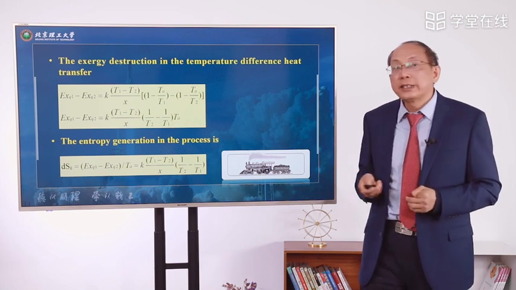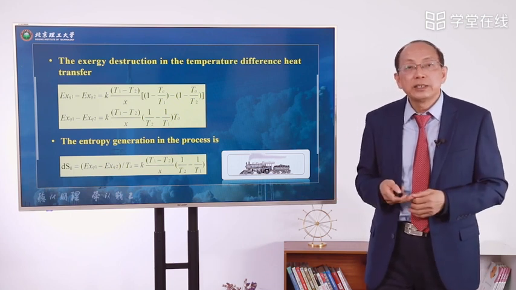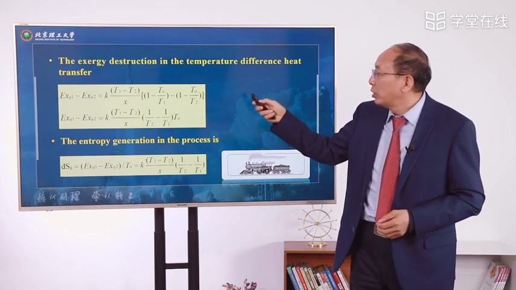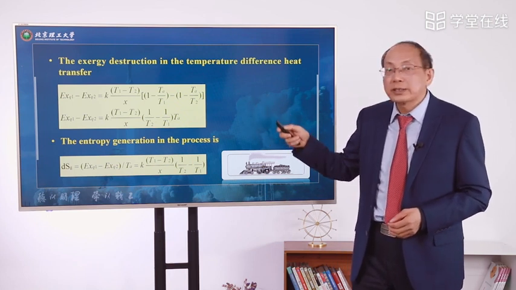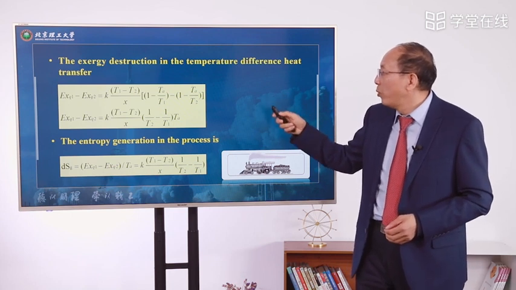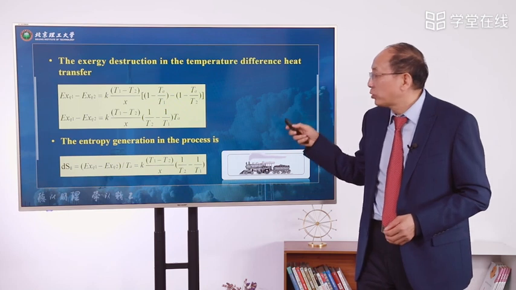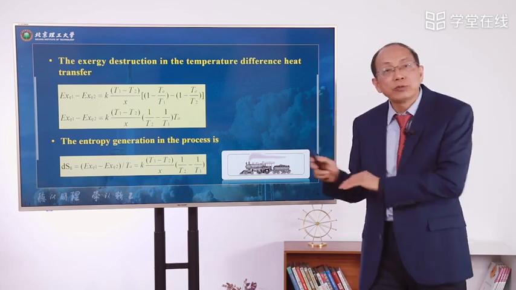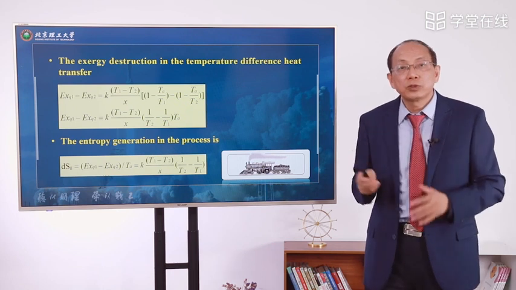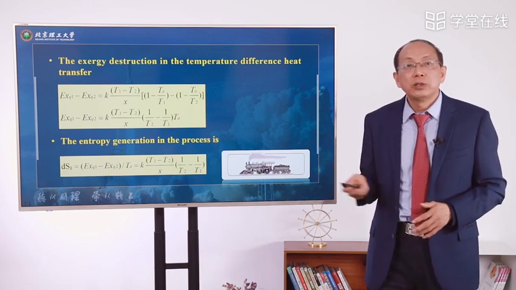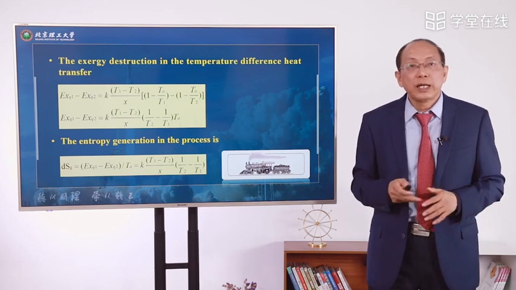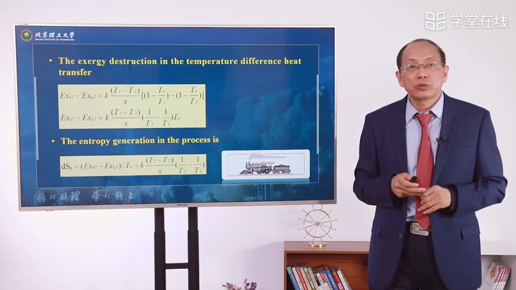We easily calculate and obtain K times (T1 minus T2) over X times (1 over T2 minus 1 over T1) times TA. TA moves out from the terms, from these two terms. So we obtained the exergy change, the exergy destruction.